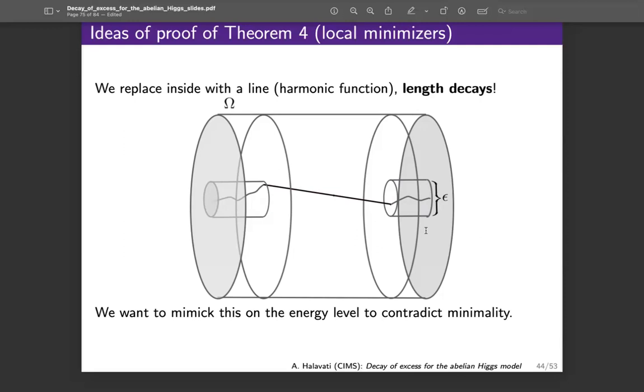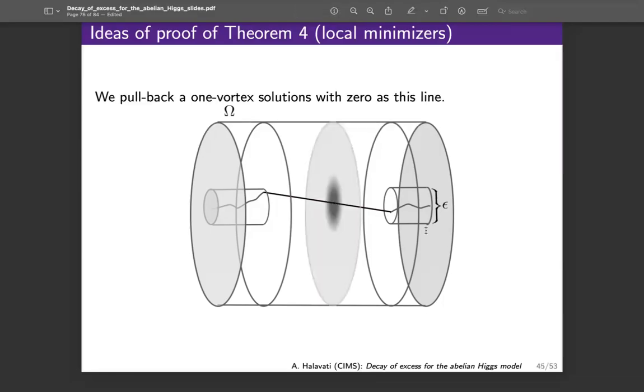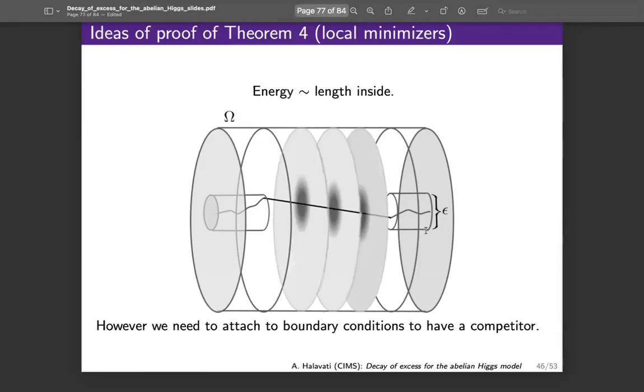So what you do is you take a one vortex solution of Taubes, you rescale it down, and you put it on this line where the zero is exactly on this line. Okay. And you pull it back over all of this line.